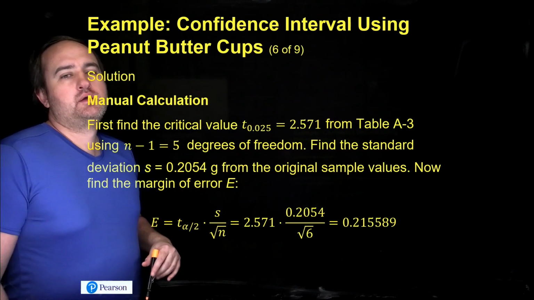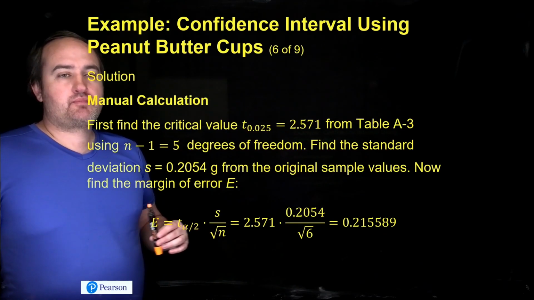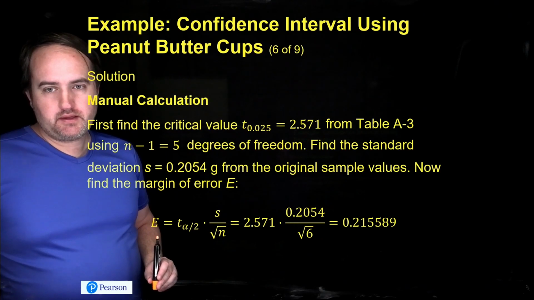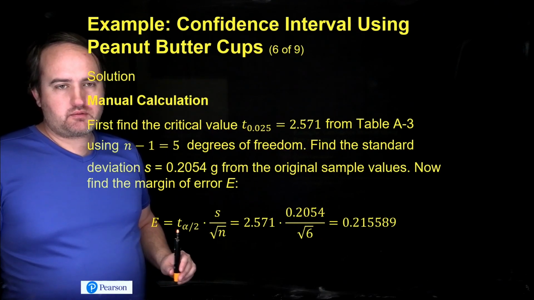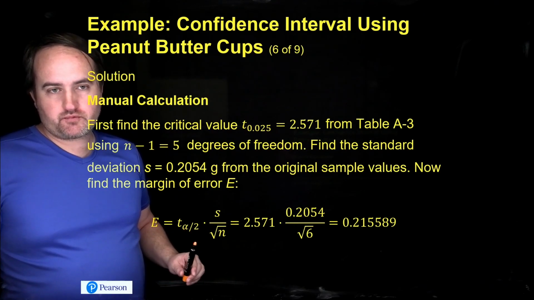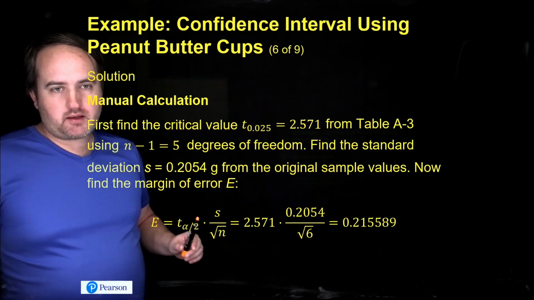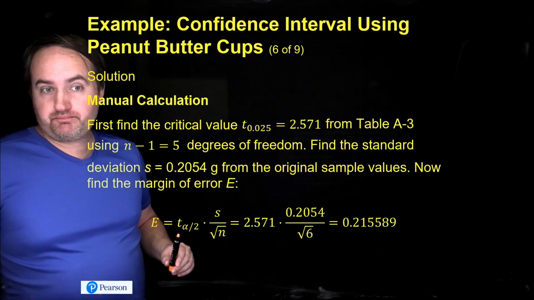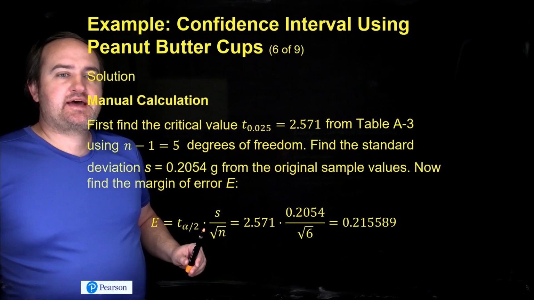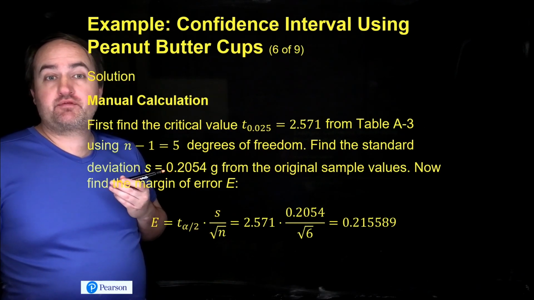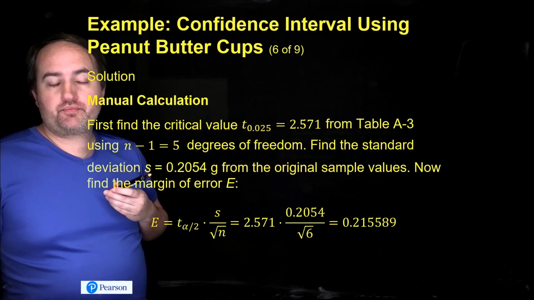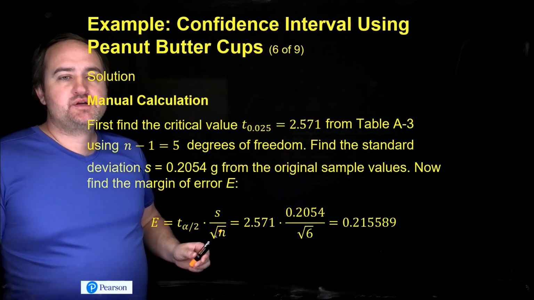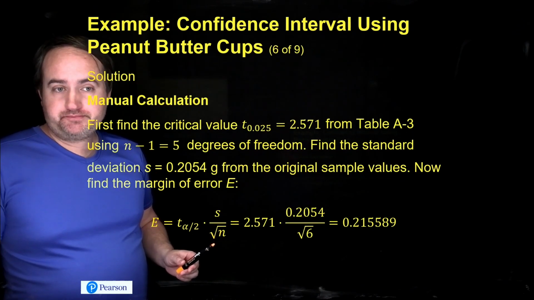Okay, so now we need to find this margin of error. The formula for the margin of error is E equals t sub alpha over 2, which we just spent a lot of time going over how to find in table A3, times S, which is this 0.2054. That will be given to us. That's the sample standard deviation, divided by the square root of n.